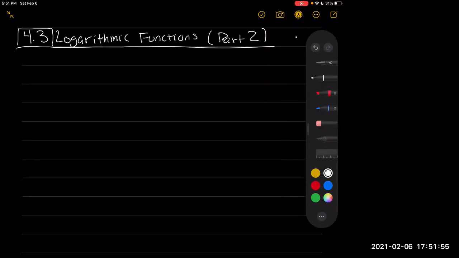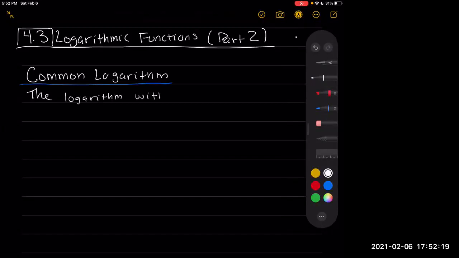Okay, so first we're going to start with something called the common logarithm. And this is the logarithm with base 10 and is denoted by omitting the base.